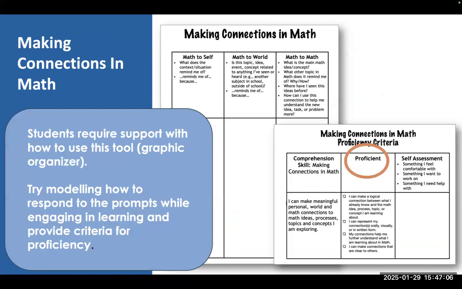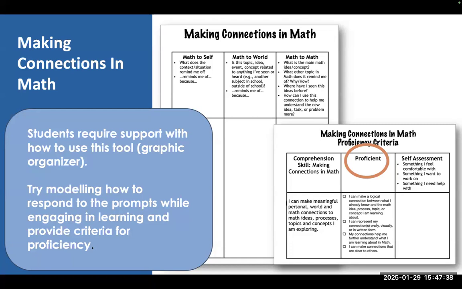So for example, if I want to support students with making connections in math, a tool that I might provide students is one that we can see on the screen, making math to self connections, math to world connections, math to math connections. In addition to that, I might also be sharing criteria for proficiency, or what my expectations are in terms of their sharing.